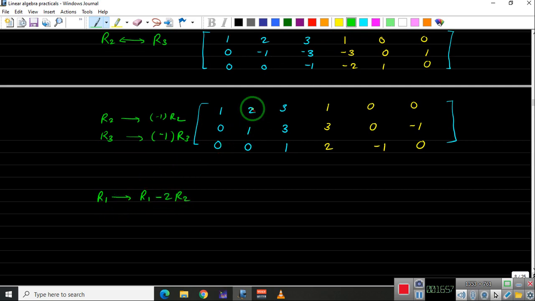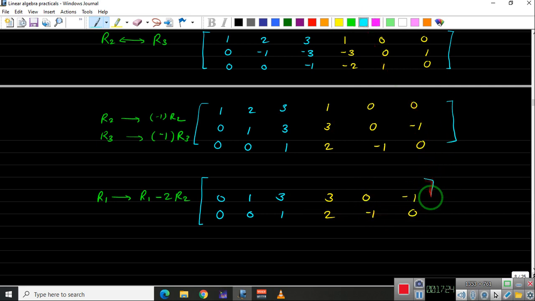That will make this 0. Let us perform that one operation first here. So second and third row will be as it is: 0, 1, 3, 0, 0, 1. And this side will be 3, 0, minus 1, 2, minus 1, 0.